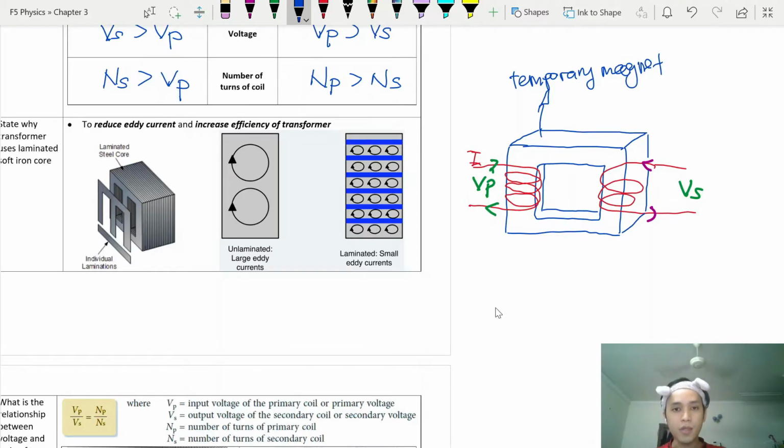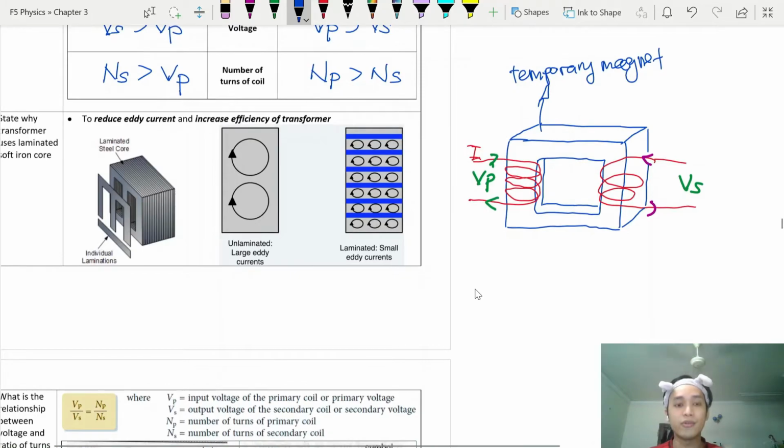We are using the concept of induced current, so for induced current I need two things. One, I need a magnet. One, I need a conductor. So the function of the metal block here is not to allow current to move. Your current is only moving in the coil here.